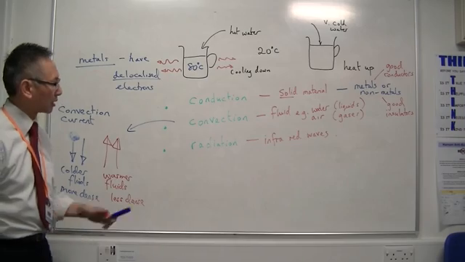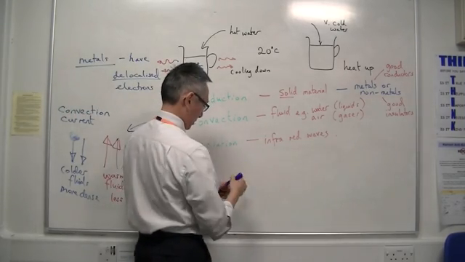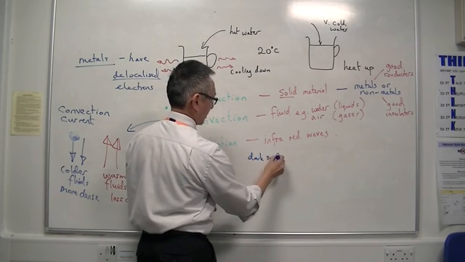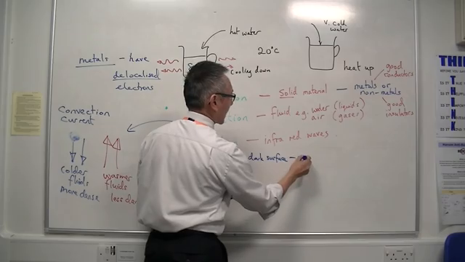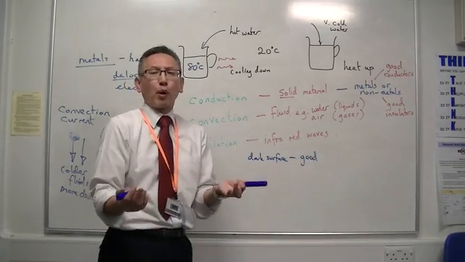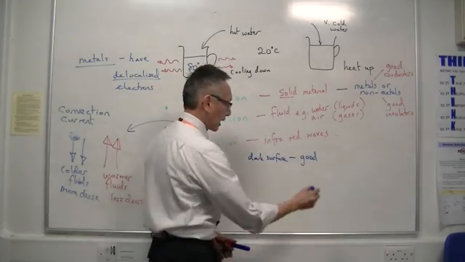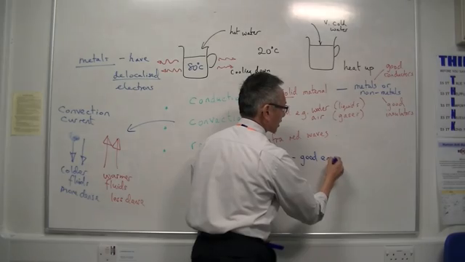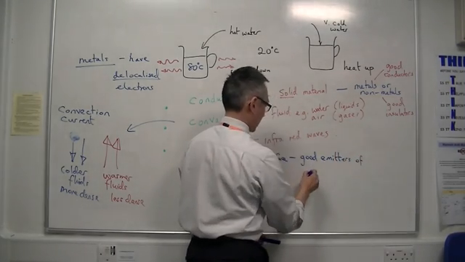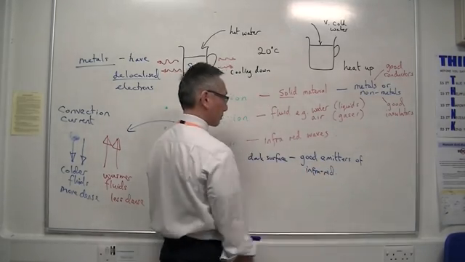Okay? Right? So a dark surface is what we say, a good... Now, to give out means to emit. That's just the posh word of saying, hey, we're leaving, okay? They are said to be good emitters of infrared, okay? Or radiation, right?